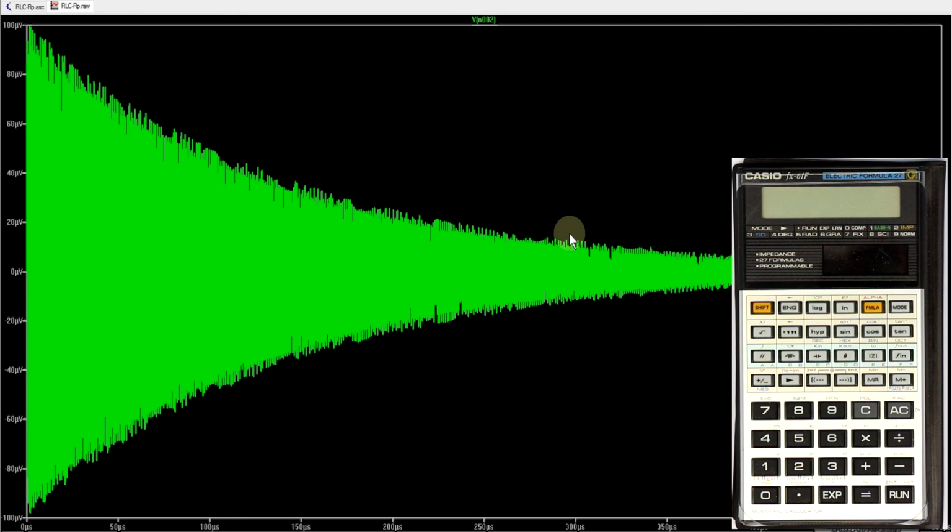And the second way of measuring Q factor is we just count how many cycles we get until the amplitude drops to 1/2 of its initial value. The initial value is here just by chance at 100 microvolts, and half of that is 50 microvolts. That would be here. And now we would have to count the number of cycles included in the time range from start until this point.